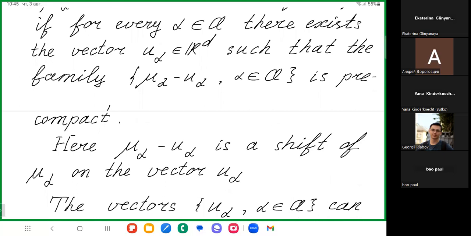Yes, this is a good question. Here, mu alpha minus u alpha is a shift of mu alpha by the vector u, and this is a new measure which is defined as follows: mu alpha minus u alpha of some set delta is exactly mu alpha of delta plus u alpha. Thank you.